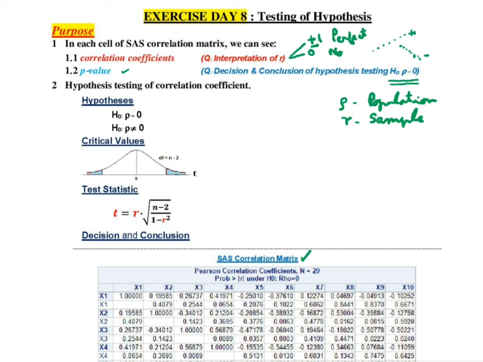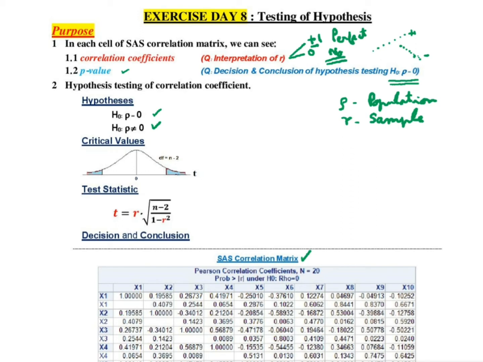Therefore, we are testing about rho. What is important is rho will be 0 or not 0. If rho is 0, then there is no relationship between x and y. If rho is not 0, there is a linear relationship between x and y.